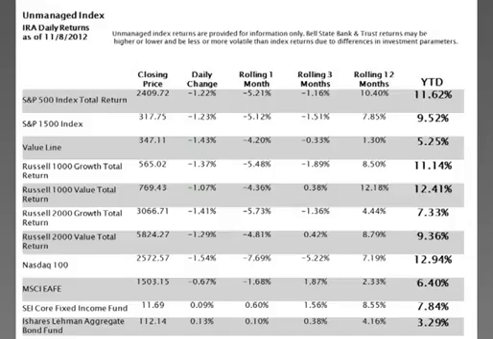Now this is a little table that I got from Bell State Bank and Trust that showed a bunch of unmanaged indexes that people use for IRA investments. Basically it's like putting the money in the S&P 500 index or the Value Line or the NASDAQ 100. If you look at this table with hindsight, you'd see that the NASDAQ 100 is the biggest number on the table. It's up 12.94% annualized, and that's for 2012.